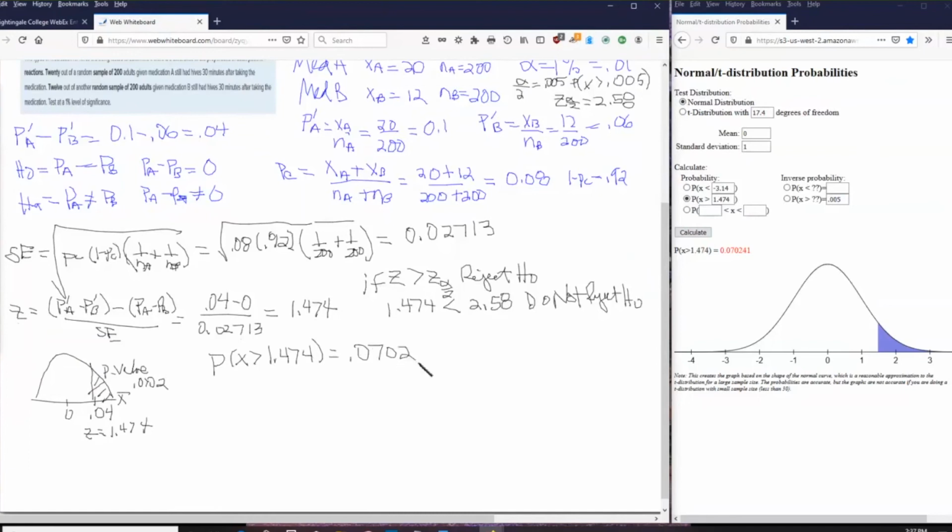Now, if you remember, because we had the equal sign, that tells us it's going to be a two-tailed test. So that means this is also going to be the same for the value of 0.04 and the z-value of negative 1.474. So that p-value is also going to be 0.0702. These are half values, so this is half of a p-value.